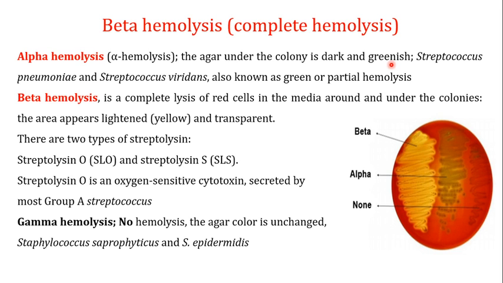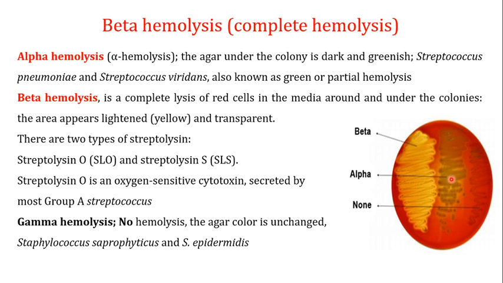Another important property of Streptococcus pyogenes is their beta hemolysis. Before going into beta hemolysis, I want to focus on the different types of hemolysis. The first type is alpha hemolysis. Alpha hemolysis is produced by Streptococcus pneumoniae or Streptococcus viridans, and it is also known as green or partial hemolysis.